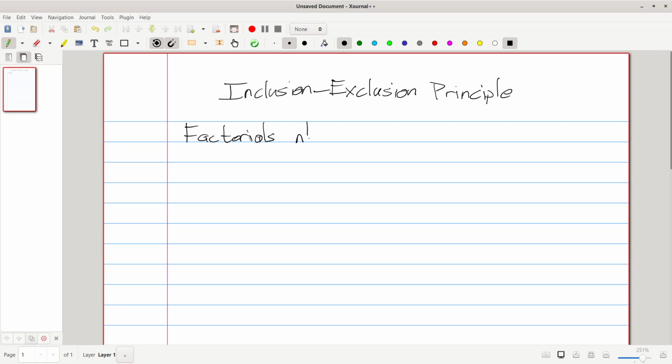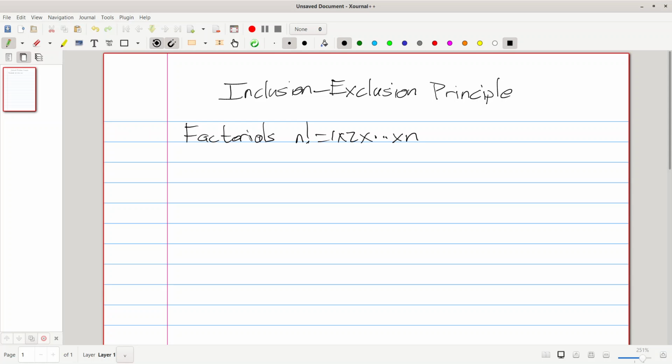So those are like n factorial, which is 1 times 2 up until n, multiplying all the numbers until n, and more the combinatorial significance, that's the number of permutations of n objects.